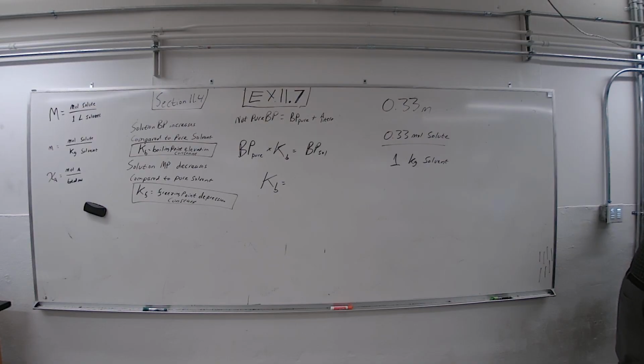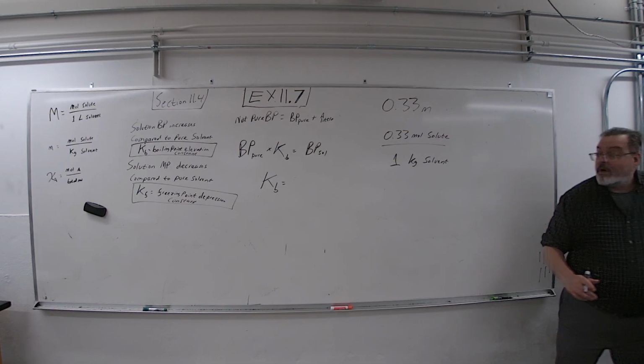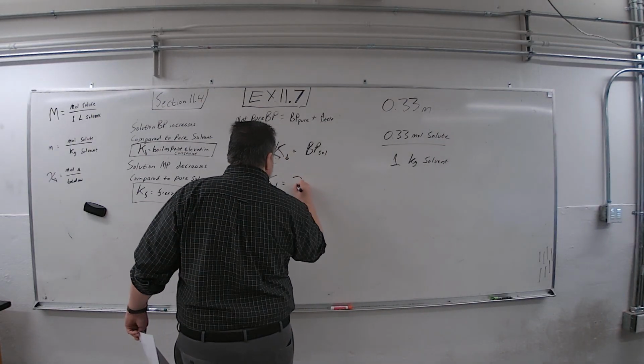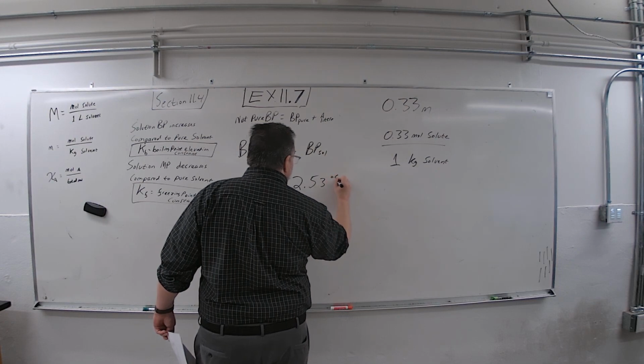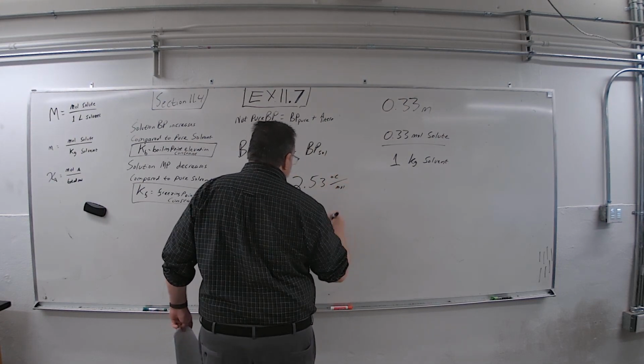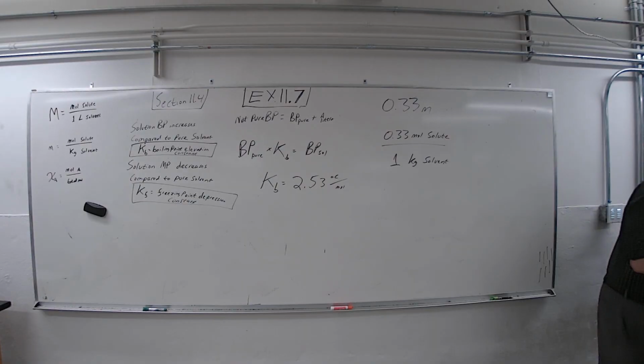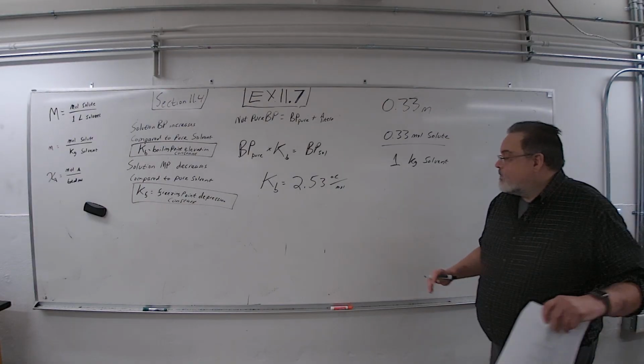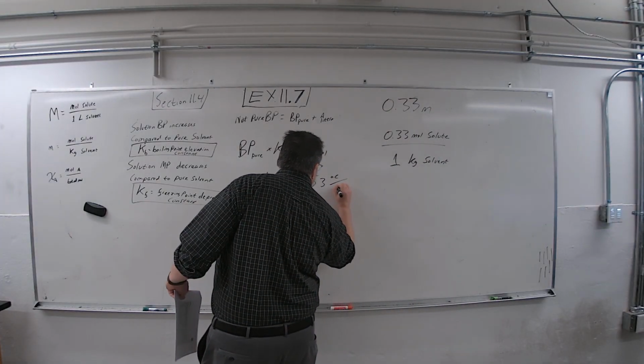So if you look at slide number 6 for today, and you see where it says benzene, and the KB is 2.53, it's 2.53 for any non-volatile solid. But I would give you that in a problem. It's 2.53 degrees C, not per mole, per m.